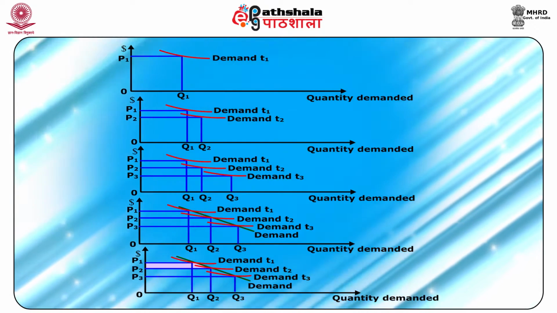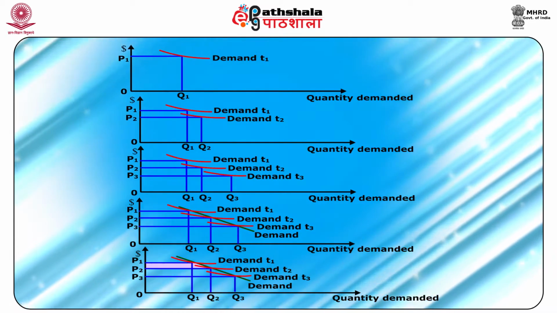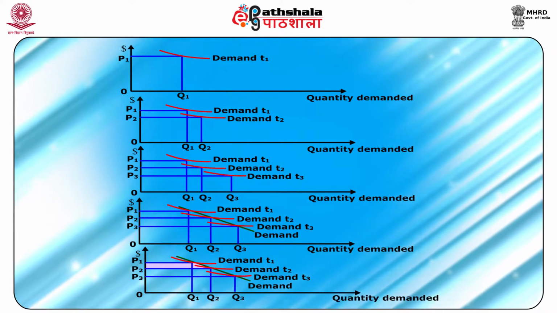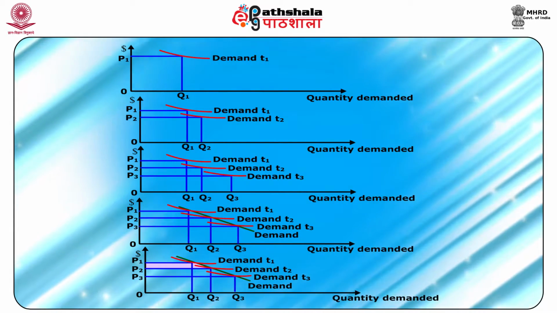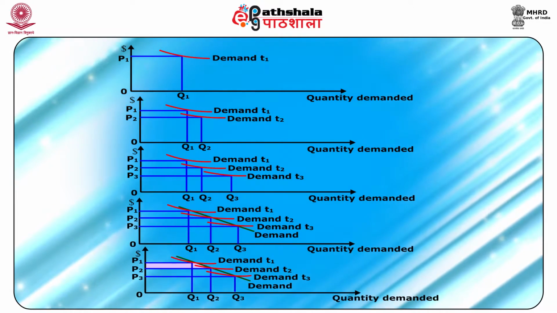The demand curve is pretty high at T1 and the quantity demanded is Q1. So it means that the consumers are prepared to pay a higher price P1.